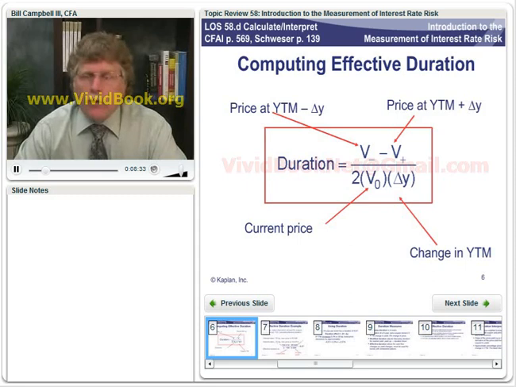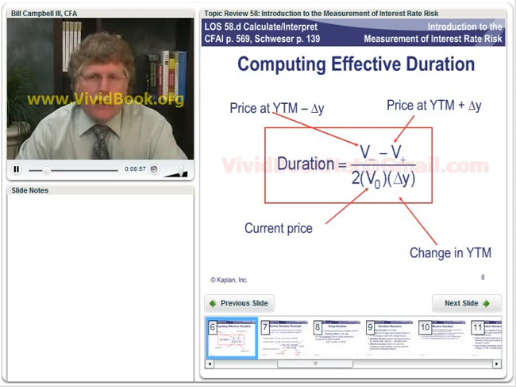So what we're going to do is start with a yield to maturity today and a price today. So V0 is our current price and it's at a particular yield to maturity. We're going to make a change in that yield to maturity. We're going to increase it by an amount called delta y, and we're going to decrease it by an amount called delta y.